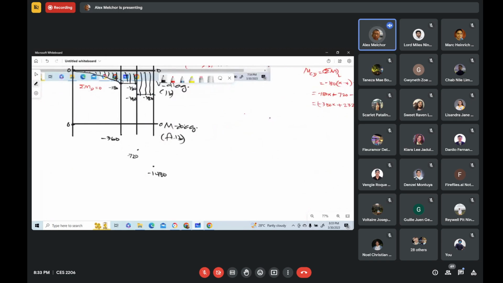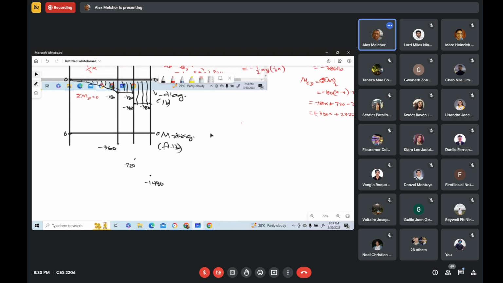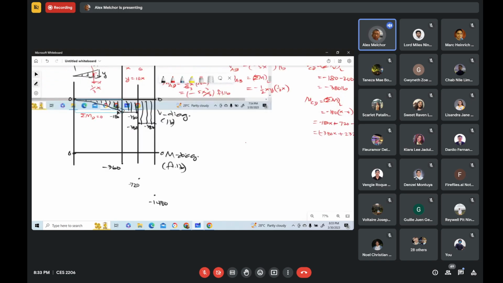So to connect the points, we have now this. You see that this is a curved line. In the moment diagram, it will also be a curved line, but it will be a third degree curve. This is second degree curve. This is third degree curve.